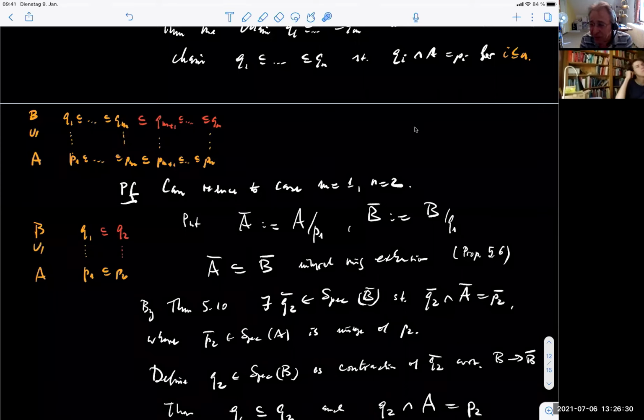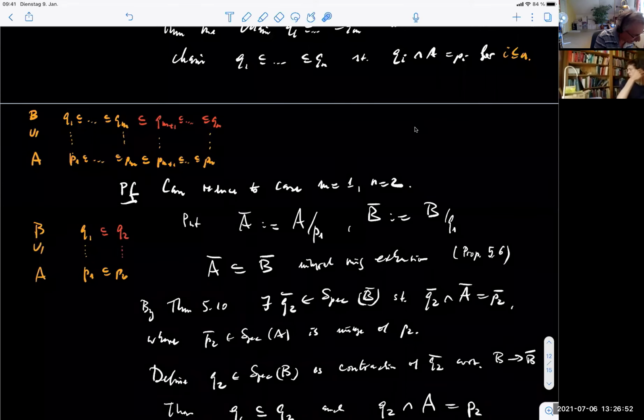But it turns out that this theorem only holds under additional conditions, namely you need to assume that you're dealing here with integrally closed rings. So the theorem is more subtle and is harder to prove. So I skip it.